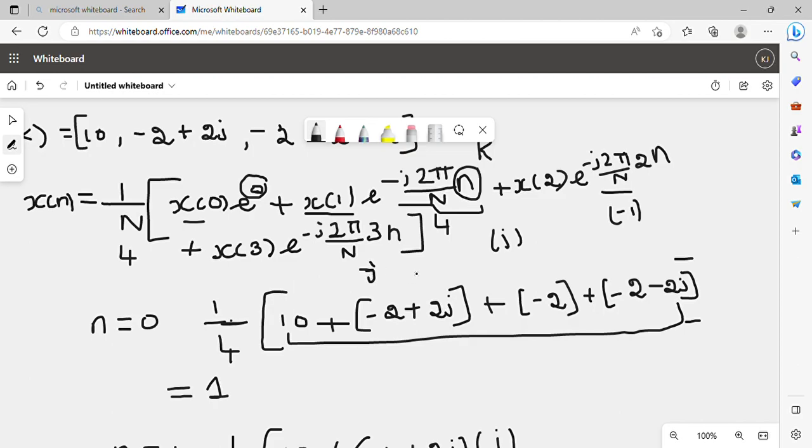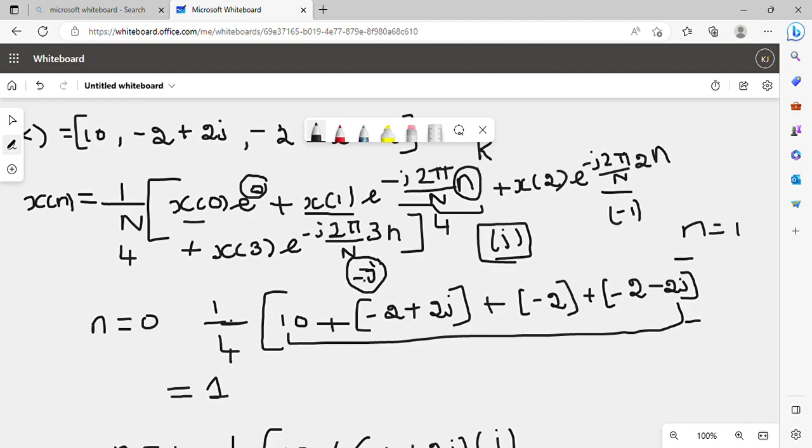This value will be j for the very first value, that is for n is equal to 1. You have to remember that e to the power of minus j 2 pi by n, and n will be equal to j for you. And for e to the power of minus j 2 pi by n into 2n, it is minus 1, and e to the power of minus j 2 pi by n into 3n is once again minus j.